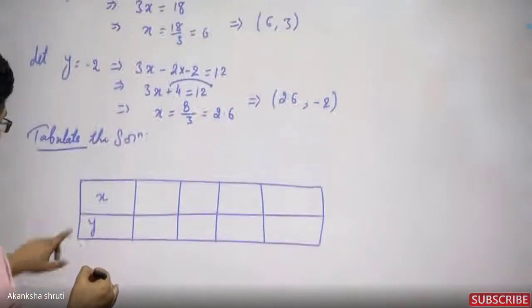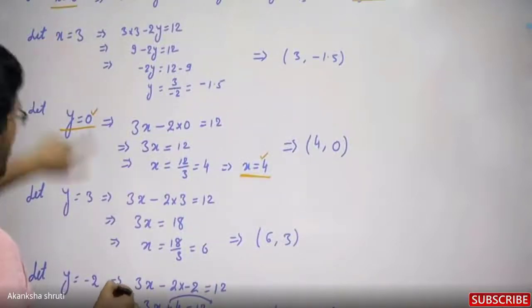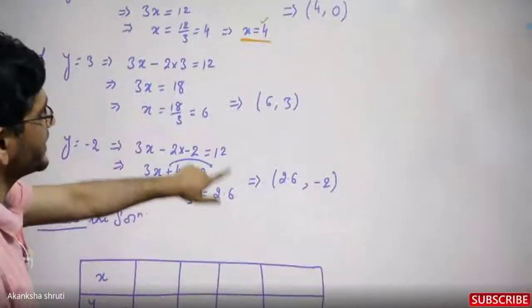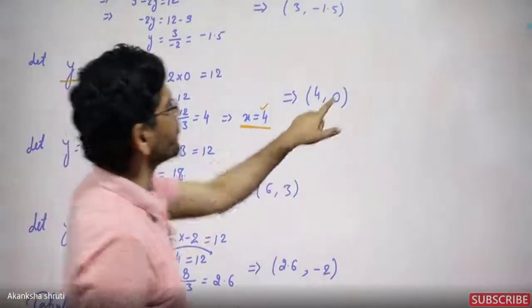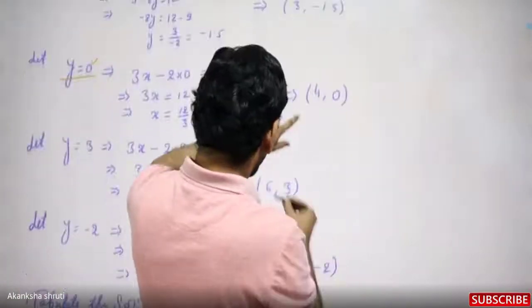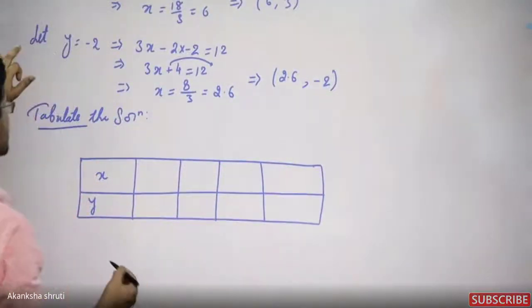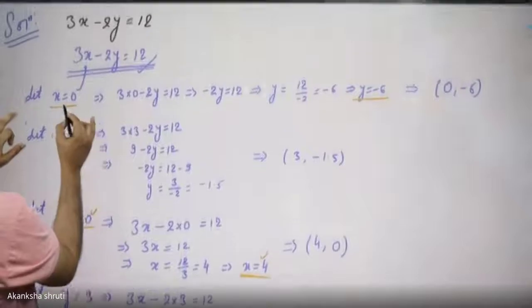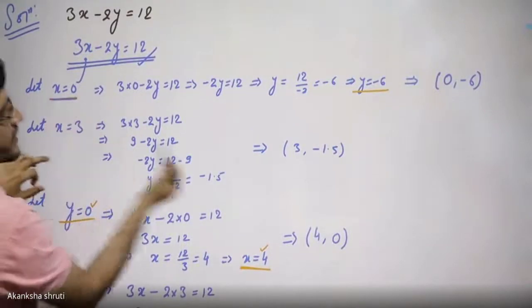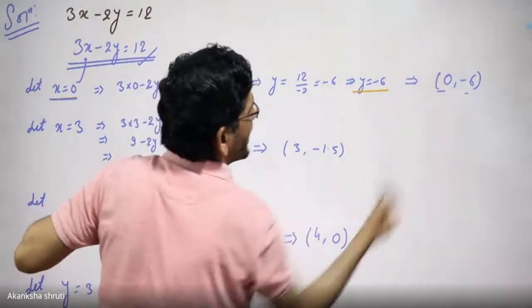y. So whatever the value of x that we have assumed, or even calculated here, or even from these coordinate points, whatever the values of x, we need to write it here. So students, here we can see that first we had assumed x was 0, then y came -6. So 0, -6.